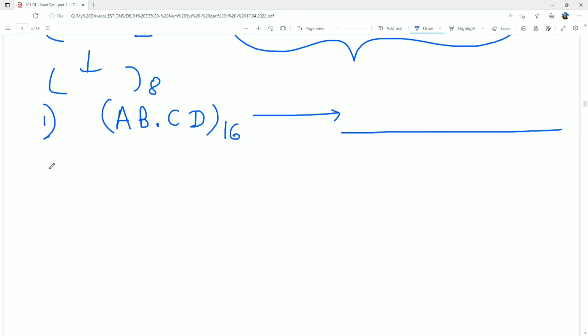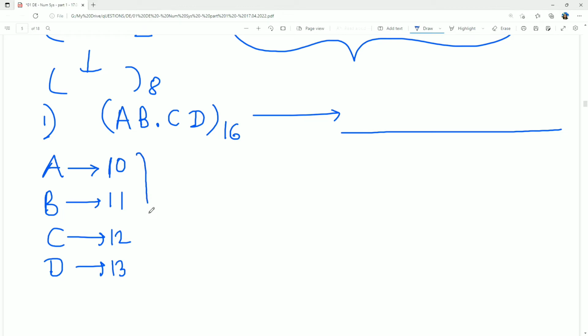As you already know, A can be written in decimal form as 10, B as 11, C as 12, and D as 13. Now the next step is to find the binary equivalent for all these individual digits, and for that you can simply apply 8421.